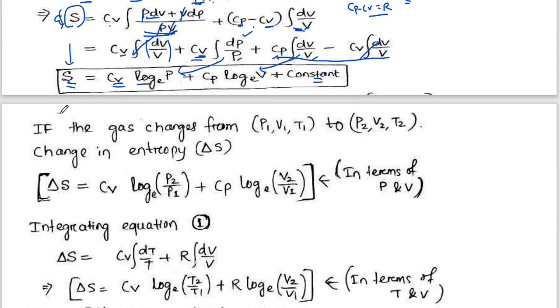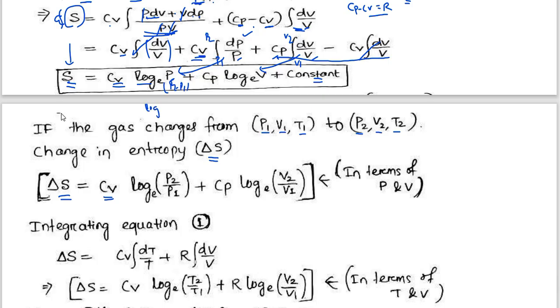Okay, so if the gas expands, changes from P1, V1, T1 to P2, V2, T2. Pressure was P1, volume was V1, temperature was T1, and it changes to pressure P2, volume V2, temperature T2. Then easily we can put the limits. Delta S, change in entropy, delta S equal to Cv log P. If we integrate this equation from P1 to P2 and from V1 to V2, accordingly we get log P2 minus log P1.